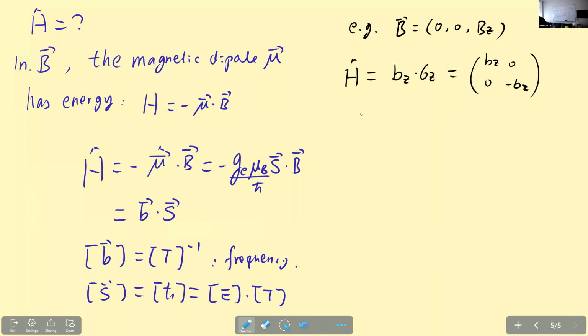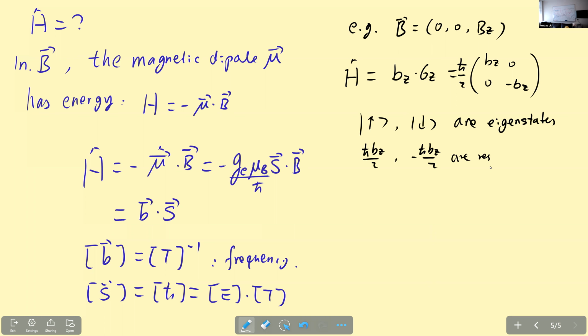So the eigenstates, you have spin up and spin down, divided by h bar over 2, sorry. And h bar b_z over 2 and minus h bar b_z over 2 are the respective energies, right? Okay. So this is the simplest case, okay?